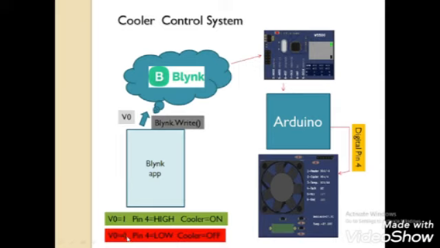If virtual pin goes 0, pin 4 goes low and cooler goes off. So from Blink app we are controlling the cooler. Blink.write is the function that we are using to control the cooler on Arduino. So we are sending the data from V0 to Blink cloud, to Ethernet shield, to Arduino, and from digital pin 4 to the cooler.